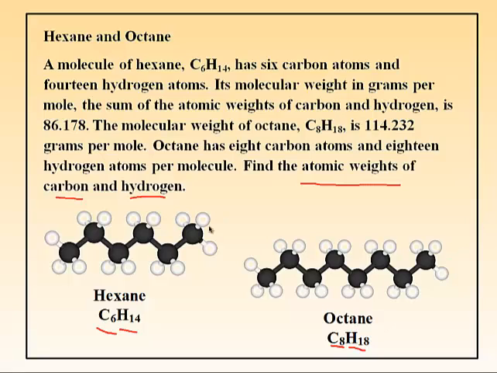So we can set up a system of equations to solve this problem again. And the first thing to do is we always want to identify our two variables. So we'll start by using C to represent the atomic weight of one carbon atom.